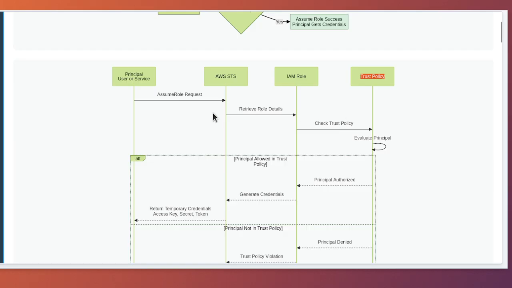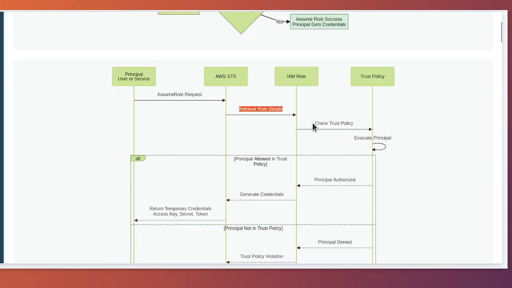The sequence begins with principal sending an assume role request to AWS STS. This is typically done using the sts:AssumeRole API call, specifying the ARN of the role to assume. STS then sends a message to IAM role labeled retrieve role details, asking for the role configuration including its trust policy.